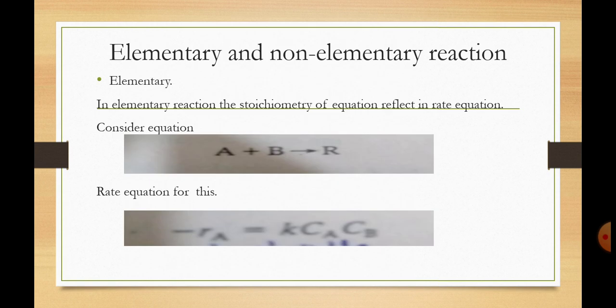So let's move to what are elementary and non-elementary reactions. In an elementary reaction, the stoichiometry of the equation is reflected in the rate equation. If A combined with B is going to make product R, the rate equation for this is minus Ra is equal to K concentration of A into concentration of B. It means that the stoichiometry is reflected in the rate of reaction, so this is an elementary reaction.